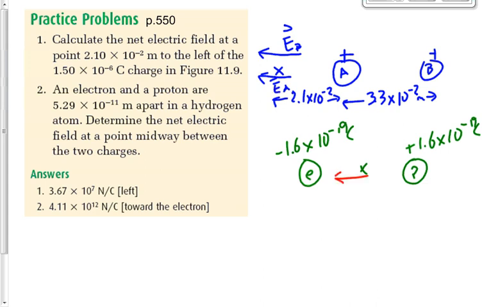The field points toward a negative electron. Now forget the electron. Pretend it's not there. Which way does the field point caused by the proton? Well, it's positive, so it points away from it. The field points toward the electron, and the field points away from the proton, so they're both to the left. When we go to calculate these and add them up, we're going to make sure that we make them both positive, right? Is that okay?